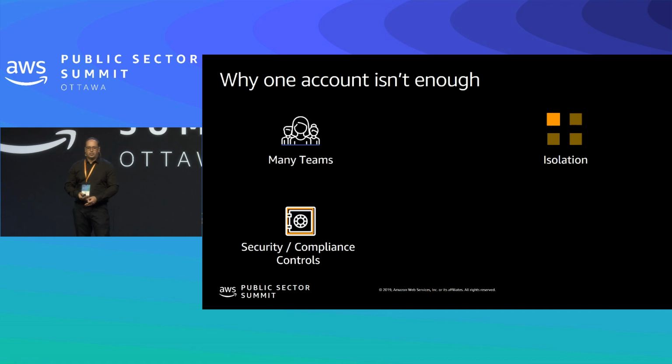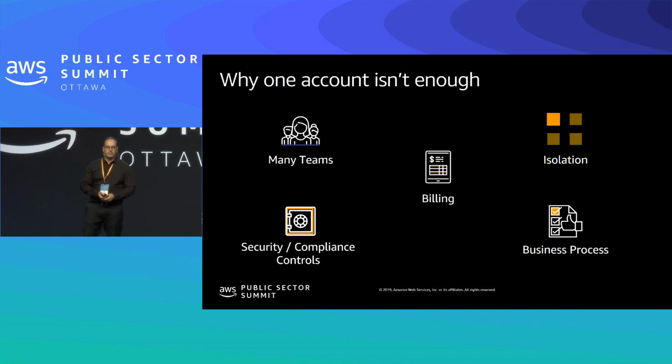Security compliance controls: different accounts or different businesses may have different rules or compliance standards that you want to apply. And the business process, likewise, may be different for different teams. And of course, billing separation. We want to be able to isolate and know what that developer is using or what that production environment is costing.